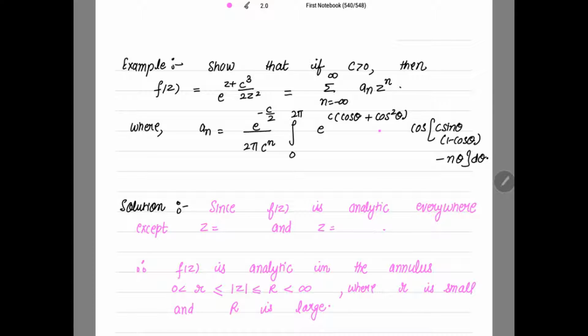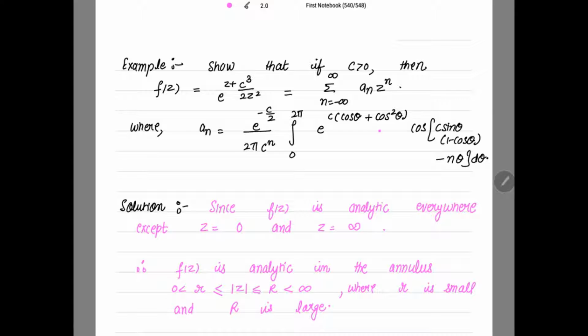Since f(z) is analytic everywhere except, just check your function, where the function is not defined at z equal to 0 and infinity. So f(z) is analytic everywhere except z equal to 0 and infinity.